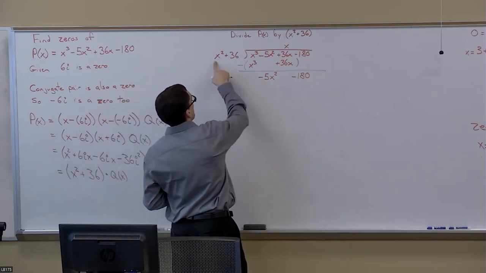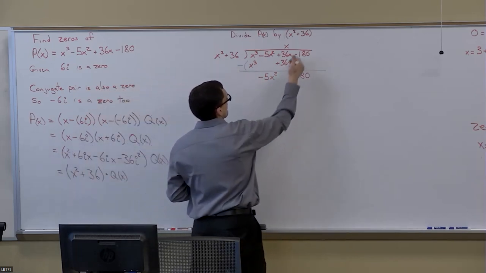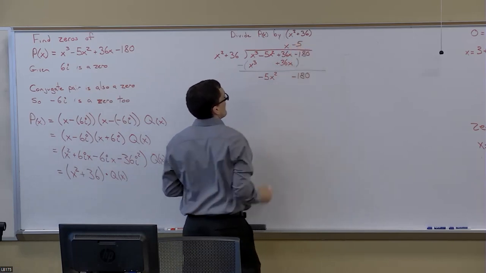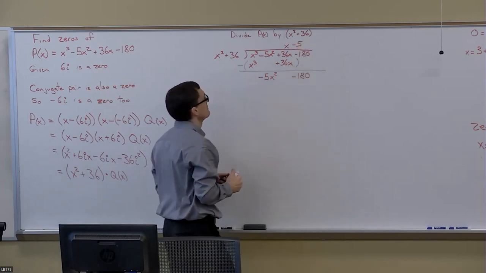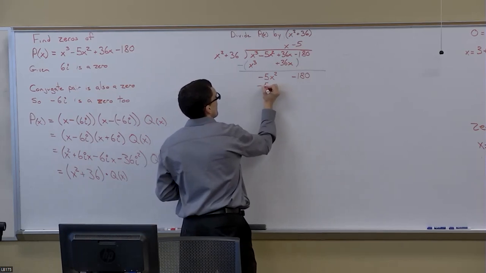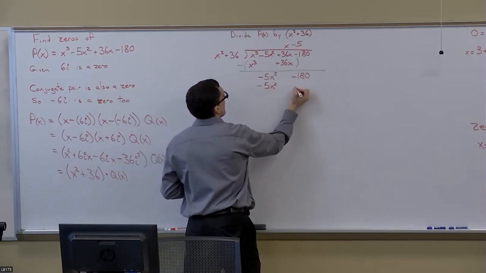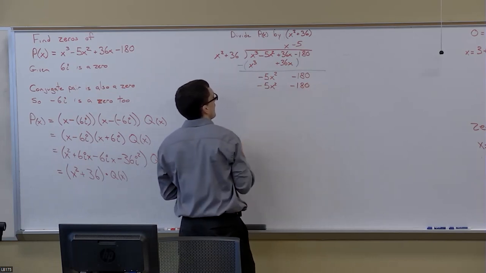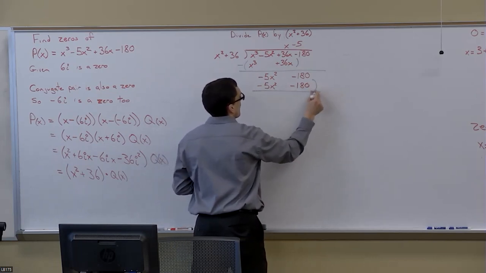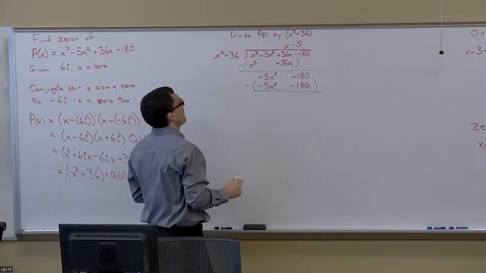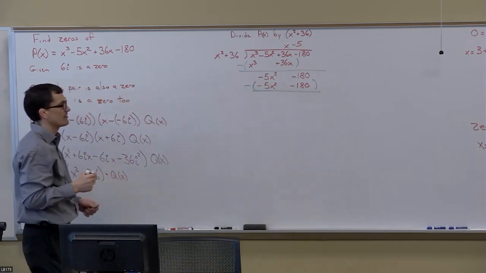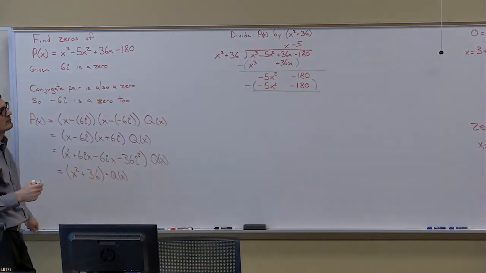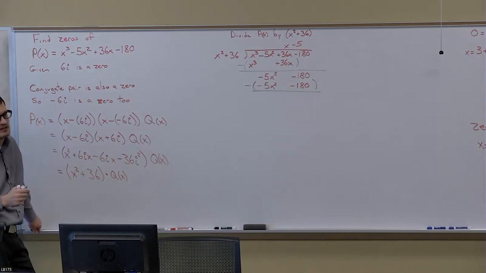What do I need to multiply by x squared to get negative 5x squared? Negative 5. 5 times 36 is 180, so negative 5 times 36 is negative 180.